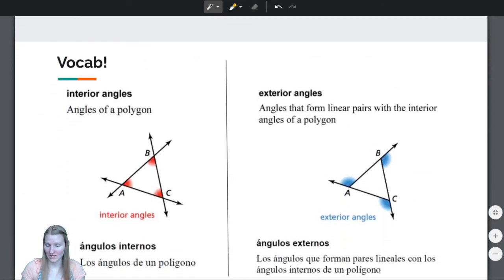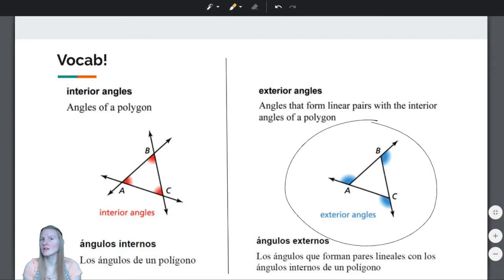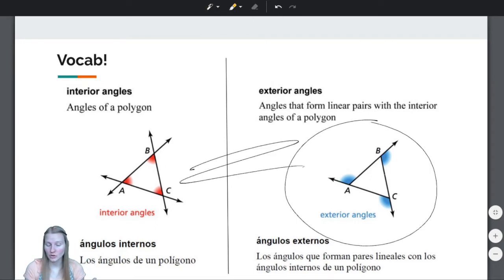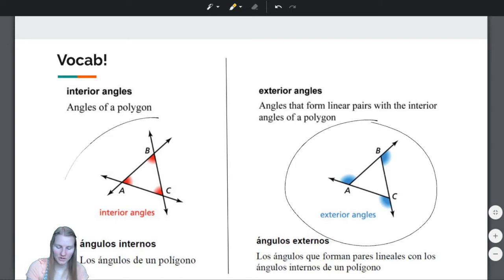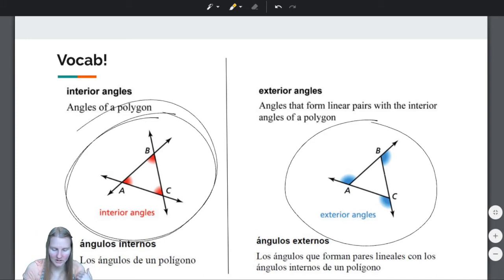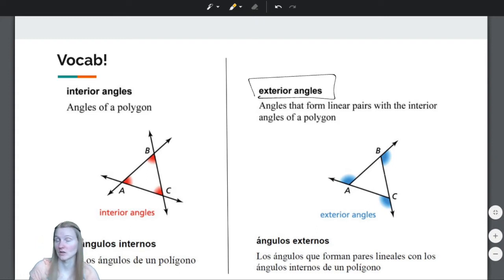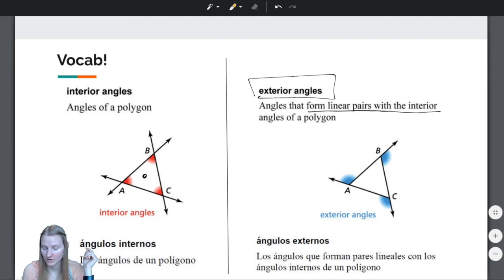Before we jump into the examples today, we need to talk more in depth about these exterior angles. The last 2 videos, you have seen this slide, but we've only really mentioned interior angles. So today our focus is on the exterior angles. Of course, interior angles are the angles inside of a polygon, but exterior angles are angles that form linear pairs with the interior angles.